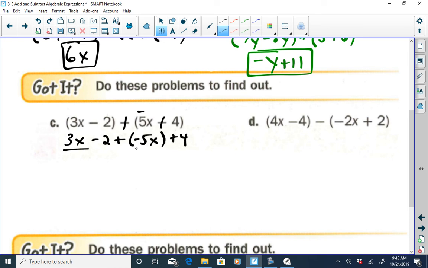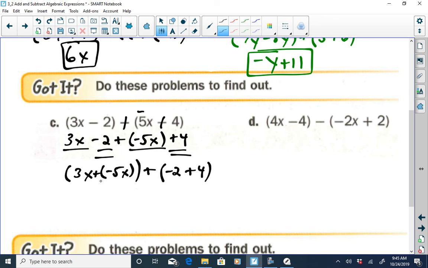Then we identify our like terms, group our like terms, 3x plus negative 5x, and then we have plus negative 2 plus 4. 3x and negative 5x is negative 2x, plus negative 2 and 4 is going to be positive 2. So negative 2x plus 2 would be our answer.